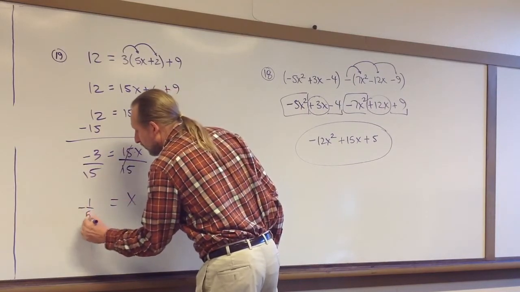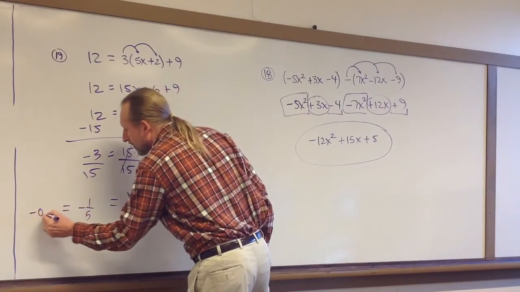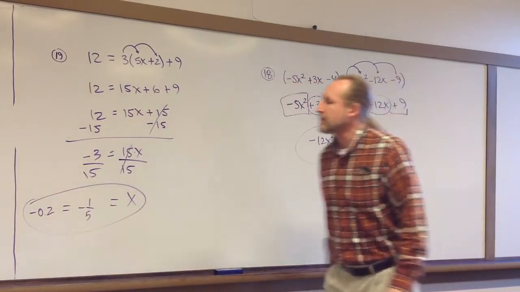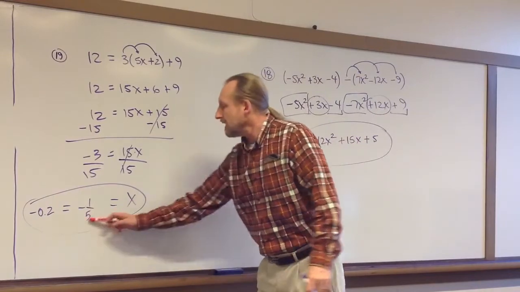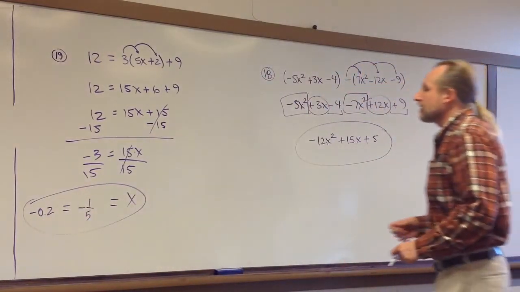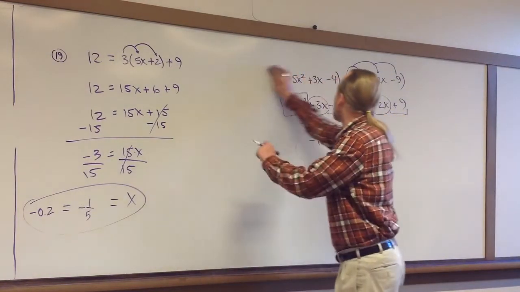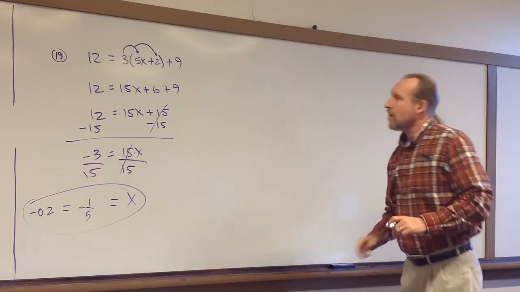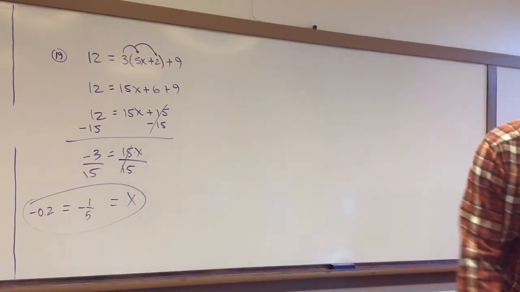This is negative 1/5. If you take your calculator and do negative 3 divided by 15, you'll get an answer of negative 0.2. Either one of these answers is fine. Not a problem. Okay? All right, that's problem 19.